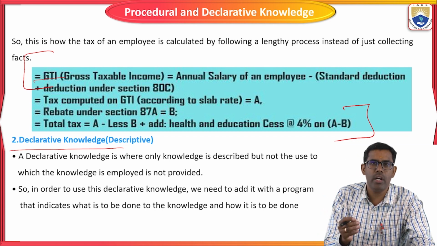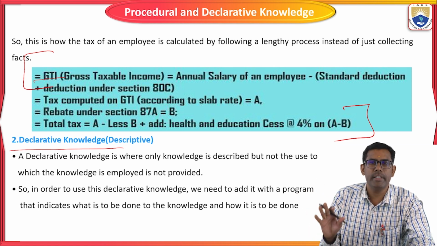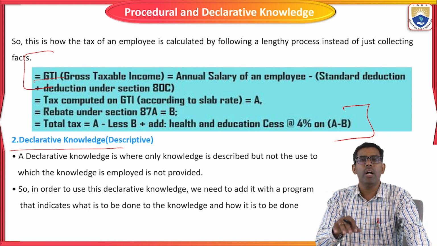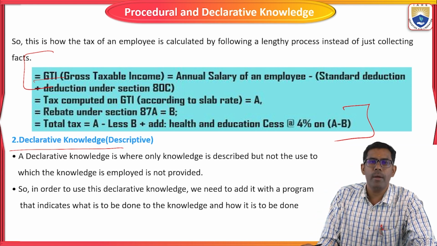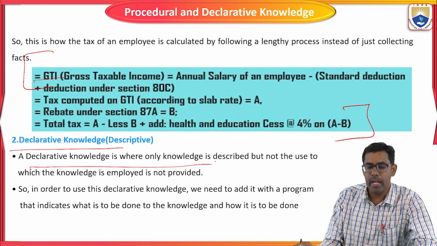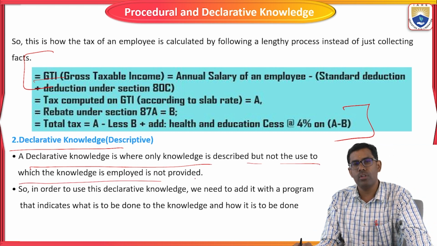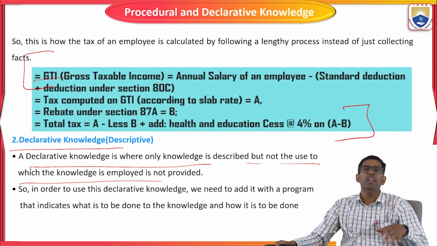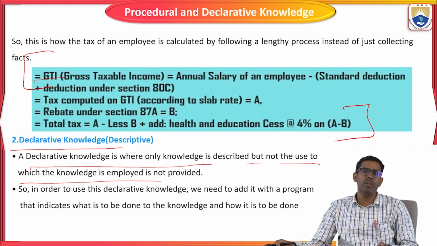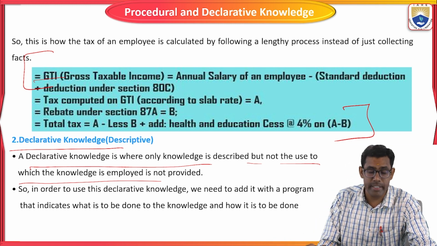In declarative knowledge, I just say Raju is younger than Ramu, like that. The general information, a general statement, is applied to the particular problem statement. Declarative knowledge is where only knowledge is described but not used; how the knowledge is employed is not provided. I will not consider the ages of the particular persons. I just say Raju is younger than Ramu.